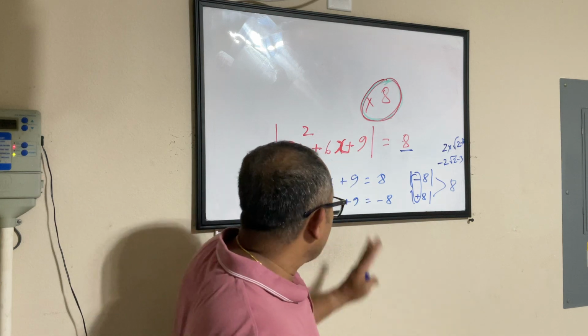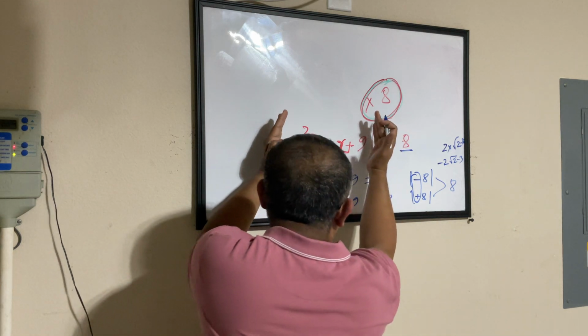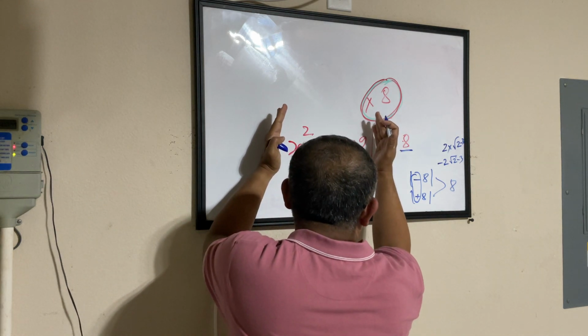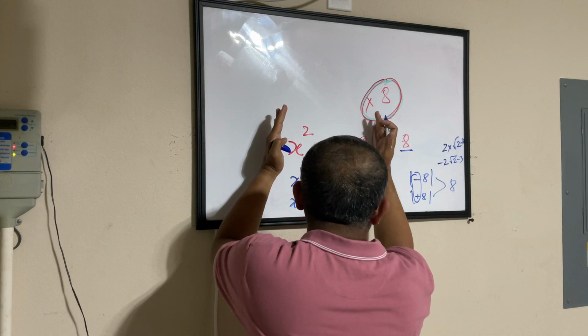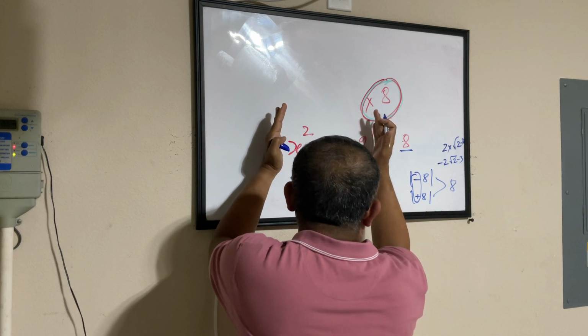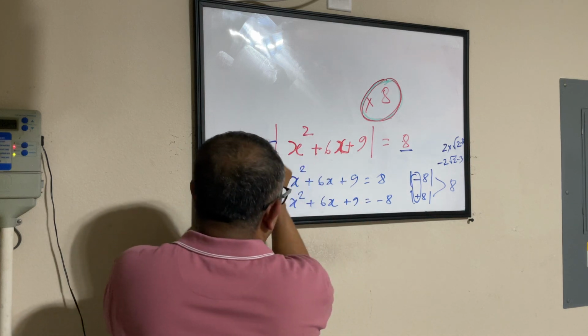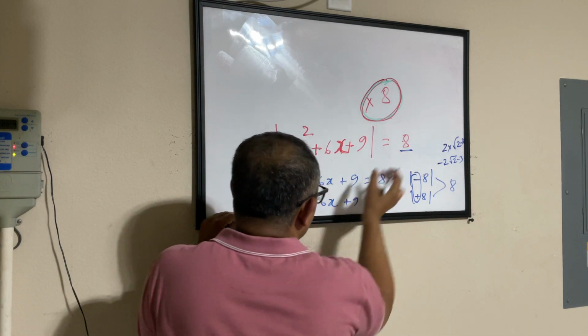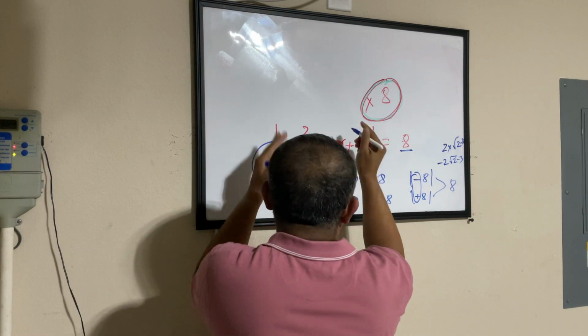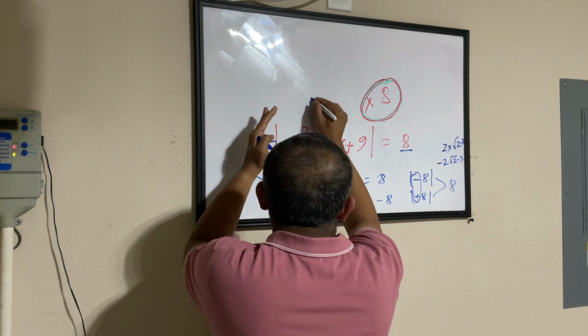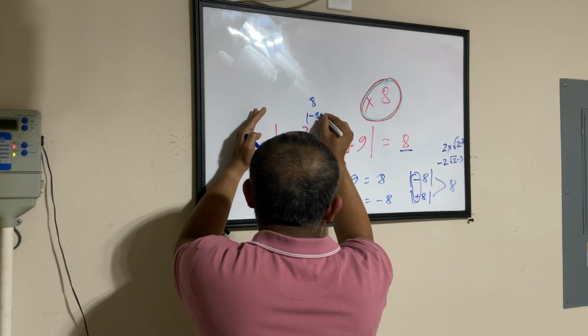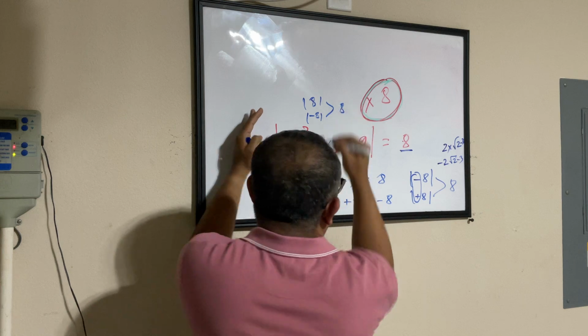Yeah. So now when you have this whole equation inside this bar, that means this whole thing is good for a positive outcome as well as a negative outcome. And when this whole outcome is 8 or minus 8 inside the bar, both will have this value as 8.